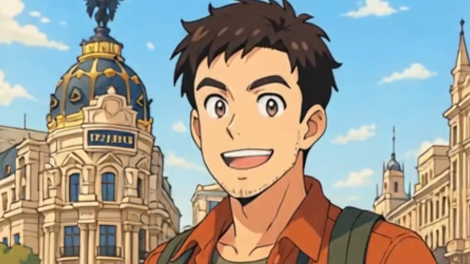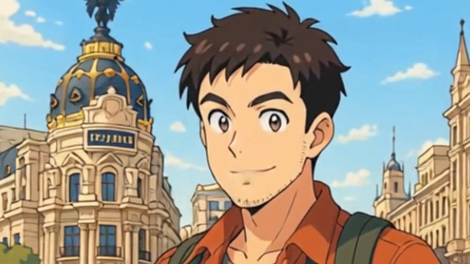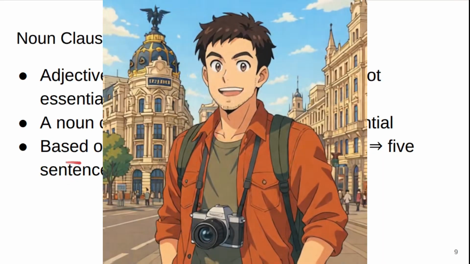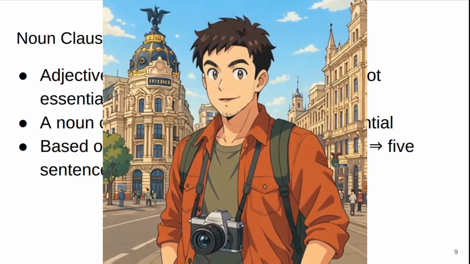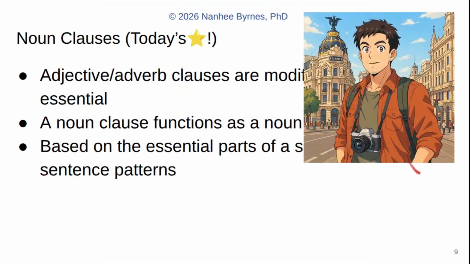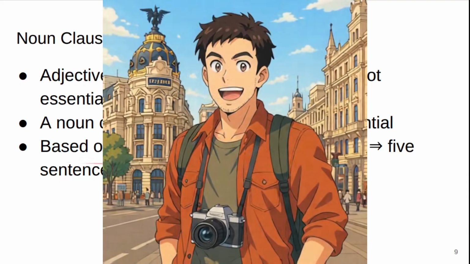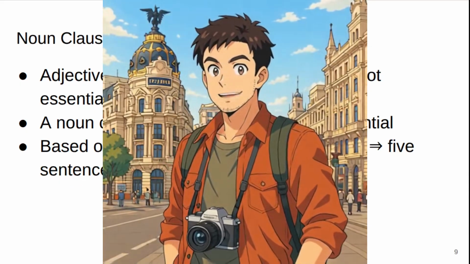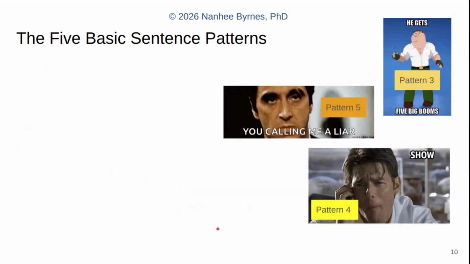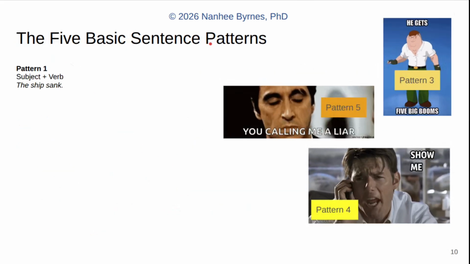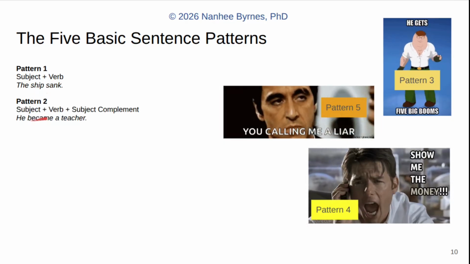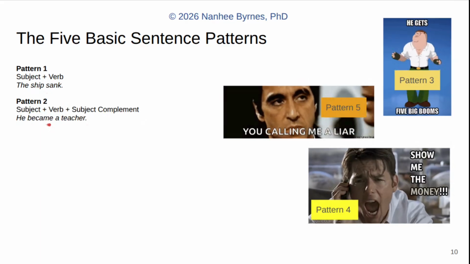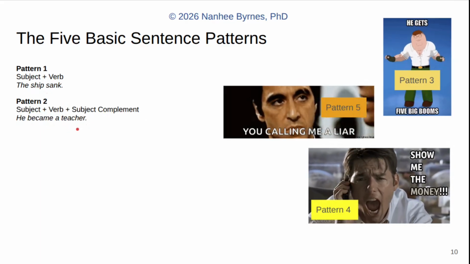To understand why this matters, we need to review the 5 basic sentence patterns in English. Even though English may look complicated, every statement in English follows one of only 5 patterns, and every sentence begins with a subject and a verb. Pattern 1 is subject plus verb, as in, the ship sank. Pattern 2 is subject, verb, and subject complement, as in, he became a teacher.